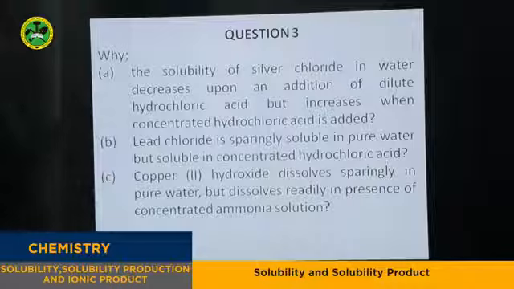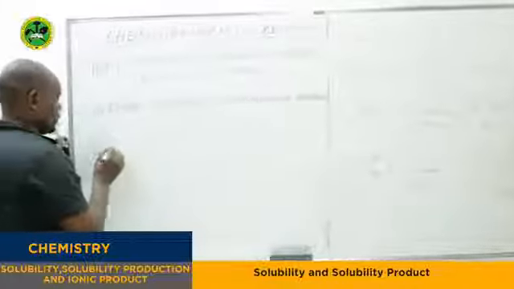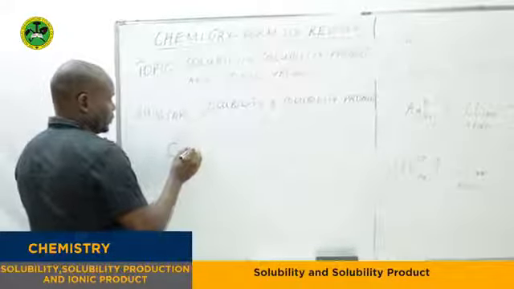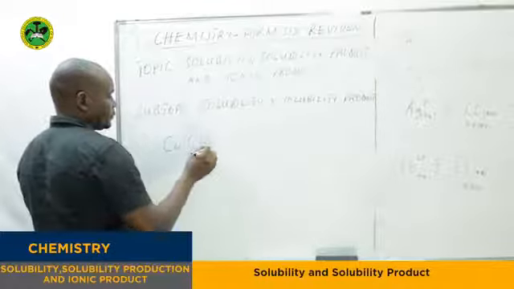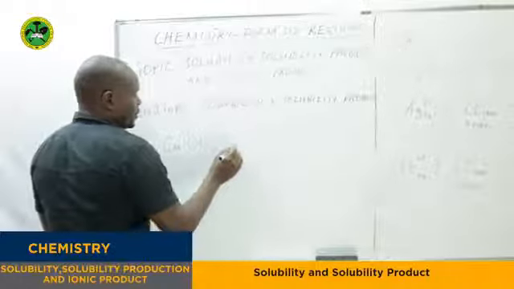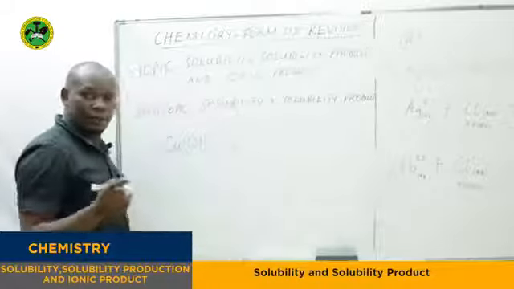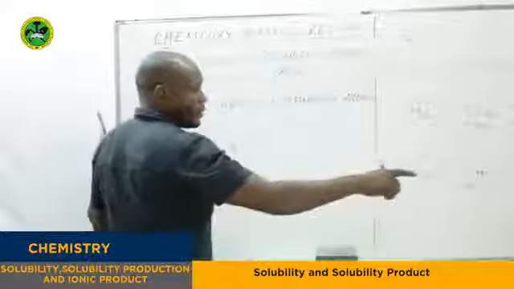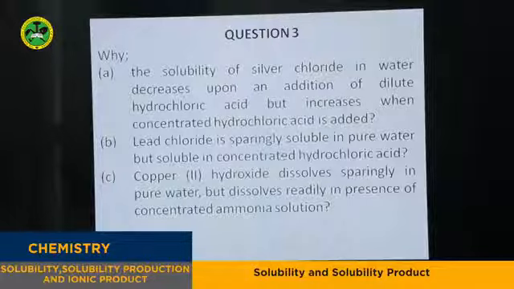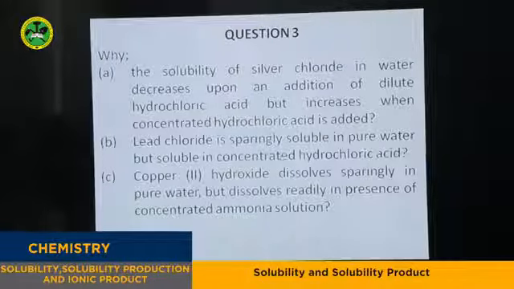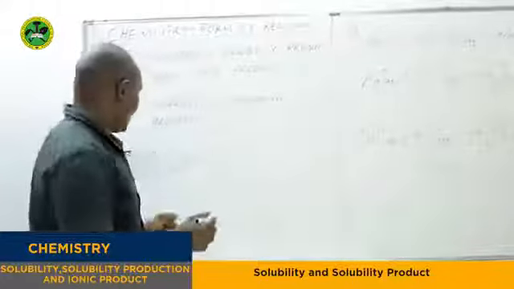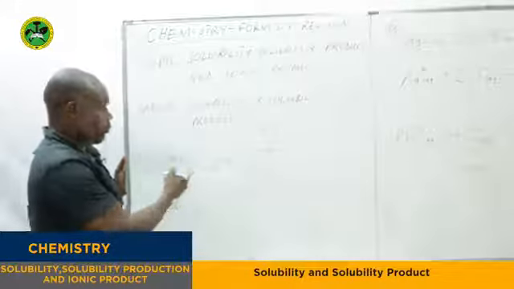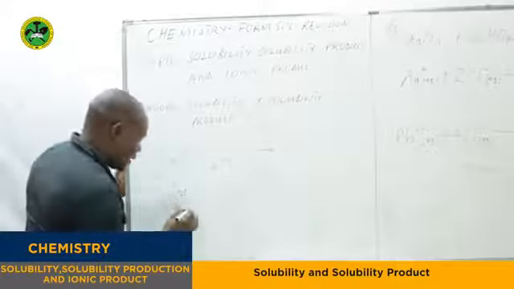What this means is that copper hydroxide, this is copper hydroxide, is sparingly soluble in pure water, but in concentrated ammonia solution it dissolves readily. Now we have copper(II) ions from copper hydroxide, which are aqueous.